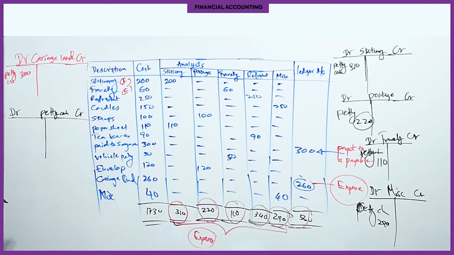At the beginning of the period, how much are you getting? From your main cash account, you are going to get 2000.